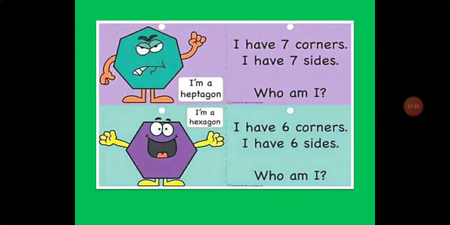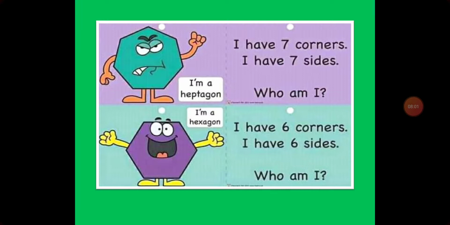Now, I have 7 corners and I have 7 sides. Who am I? You are a heptagon. Wow, 7 sides and 7 corners. Can you count them? Yes, there are 7.